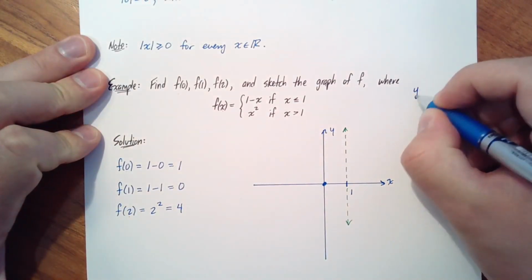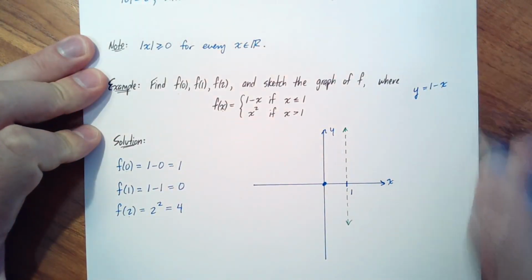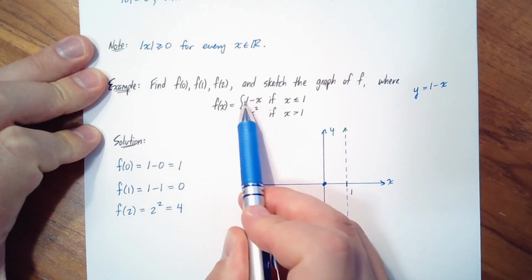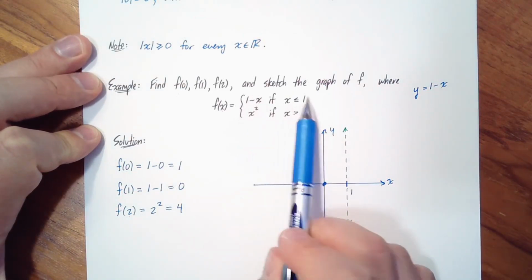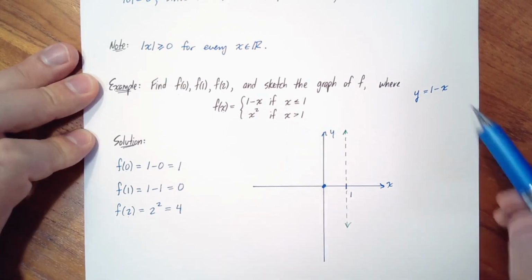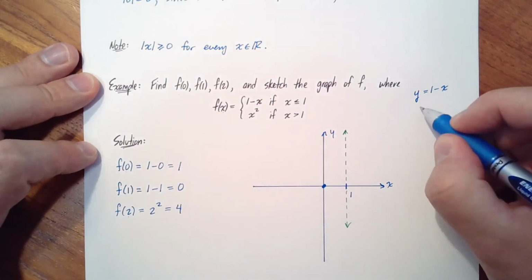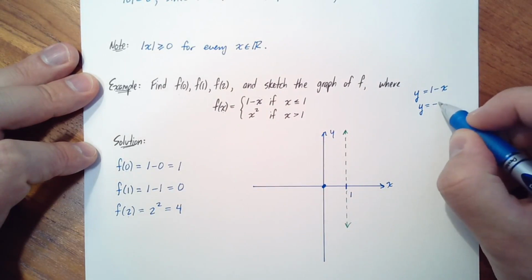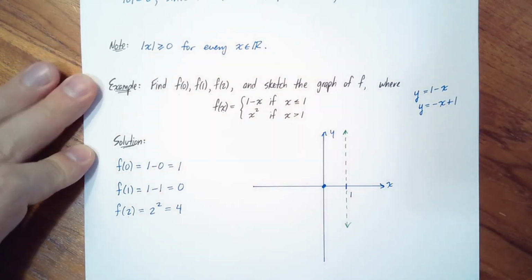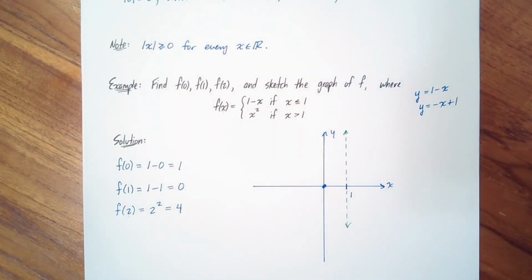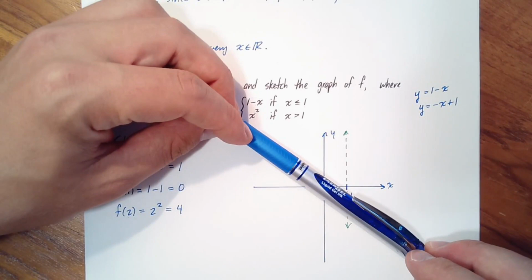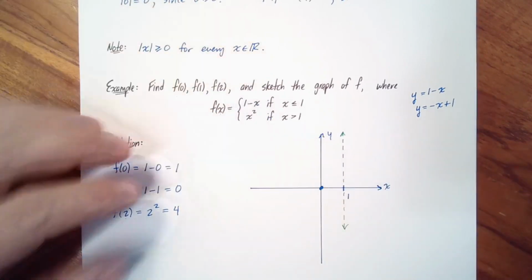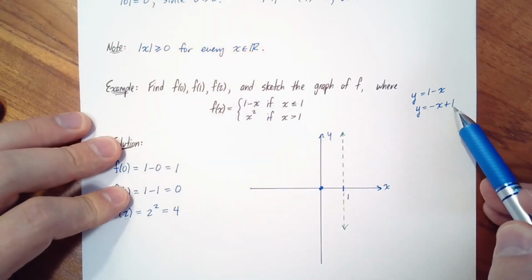If I set y equal to 1 minus x, the rule I'm using on this piece because the condition is x less than or equal to 1, and write it as y equals negative x plus 1, what you really have is a 45-degree line facing downward, but shifted up 1 unit. This is a line with slope negative 1 with y-intercept positive 1.